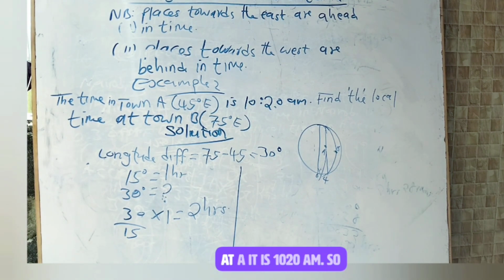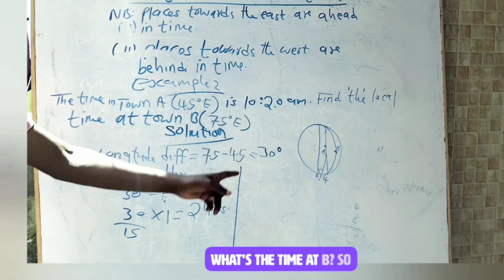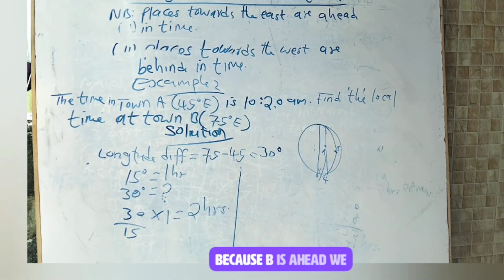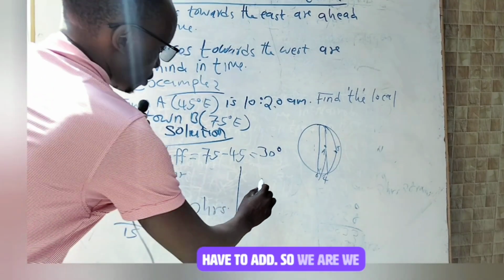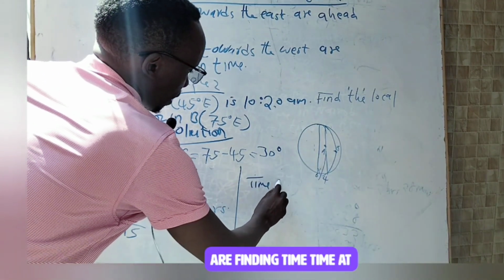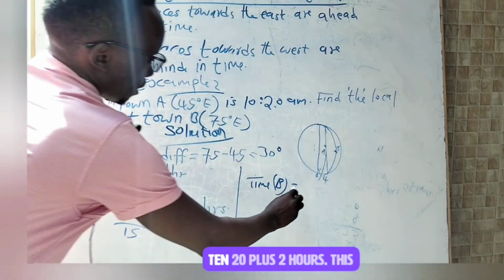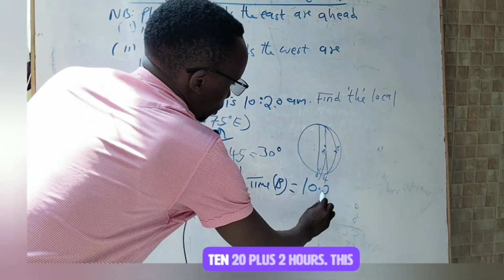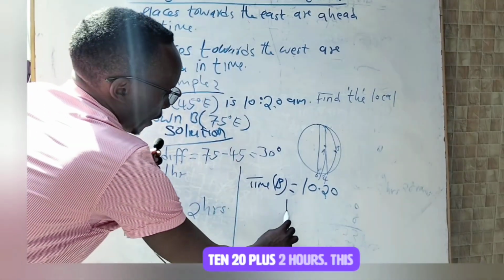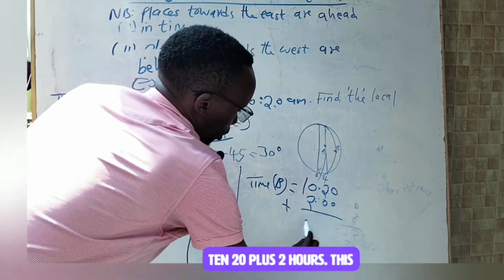So we have been told that at A it is 10:20 a.m. So what's the time at B? Because B is ahead, we have to add. Finding the time at B, we add 10:20 plus 2 hours. This will be 12:20.